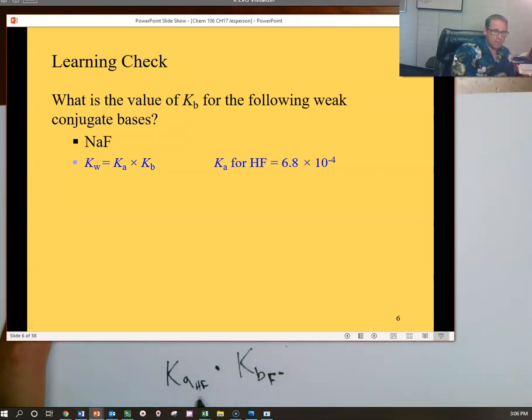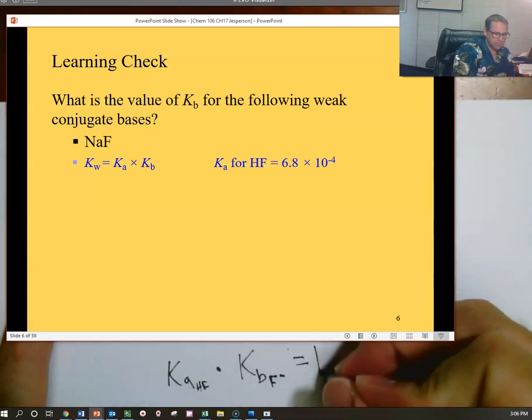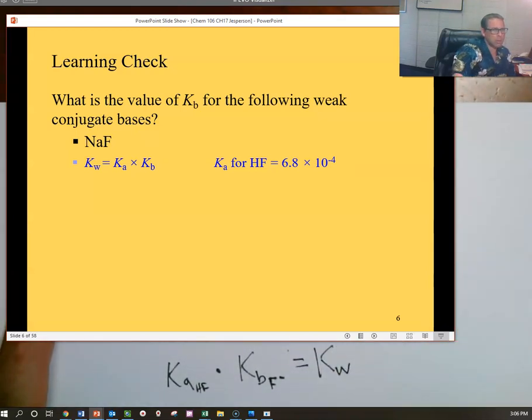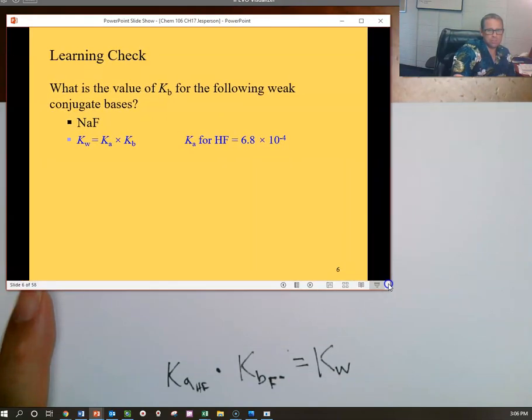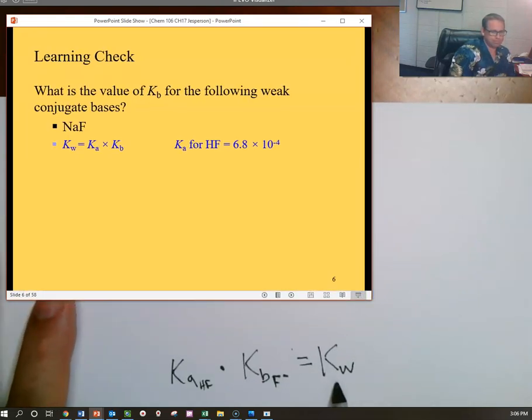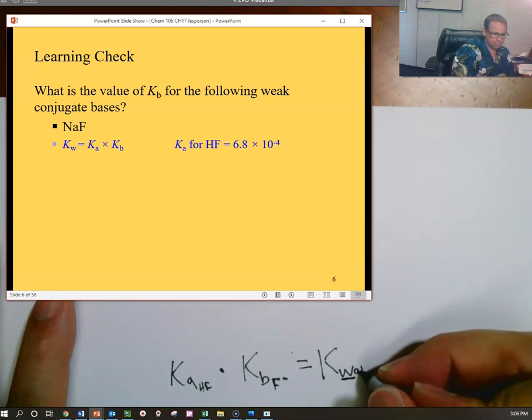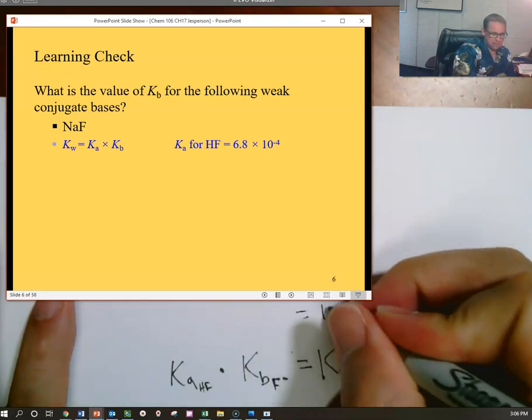So the Ka of HF times the Kb of F minus will equal the Kw. Do you remember, Alyssa, what Kw equals? What does that W stand for? Is it water? Okay, it's water. So that's a constant, 1 times 10 to the negative 14. That's right.